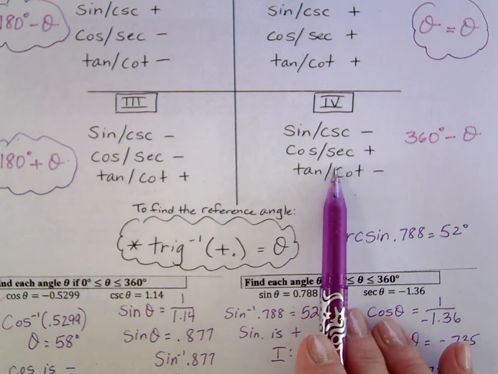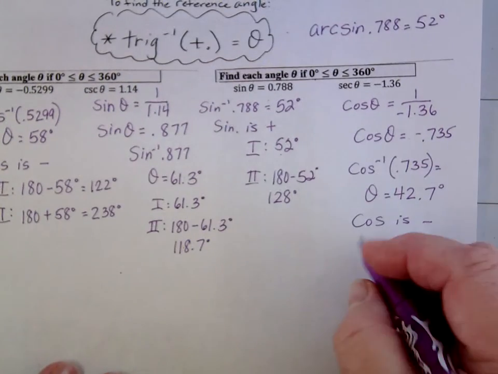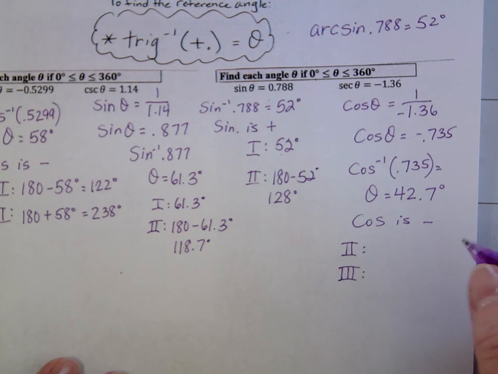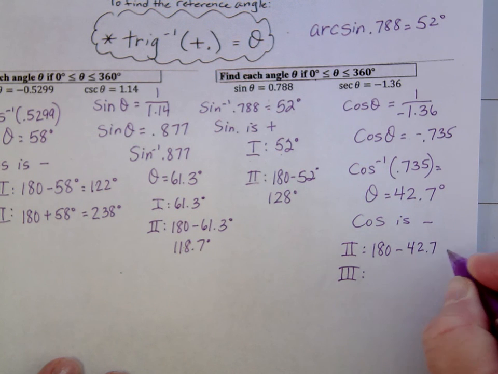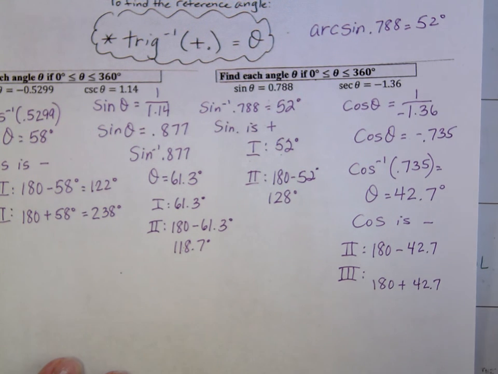So you're going to put this in the second and third quadrants. Second quadrant is 180 minus 42.7. Third quadrant is 180 plus 42.7. And then you just do out your math for those.